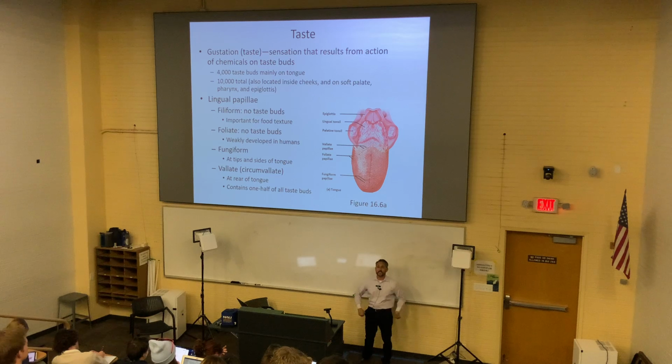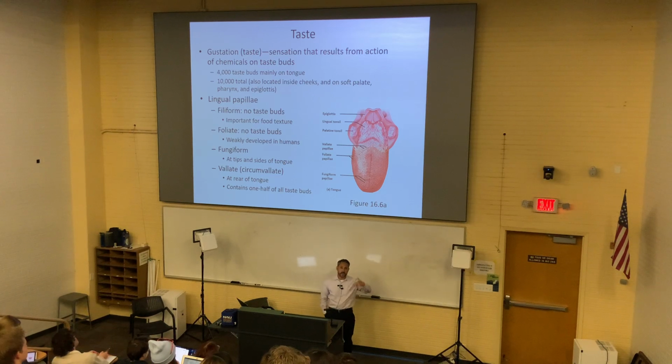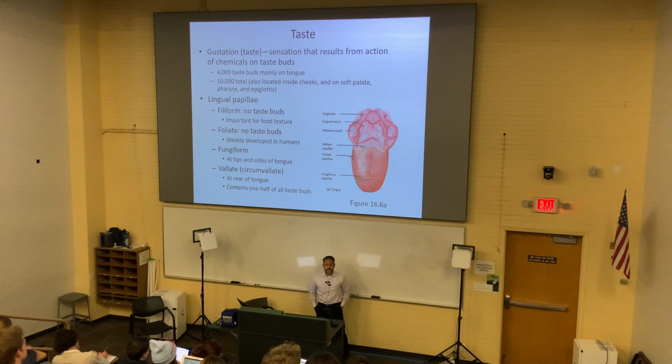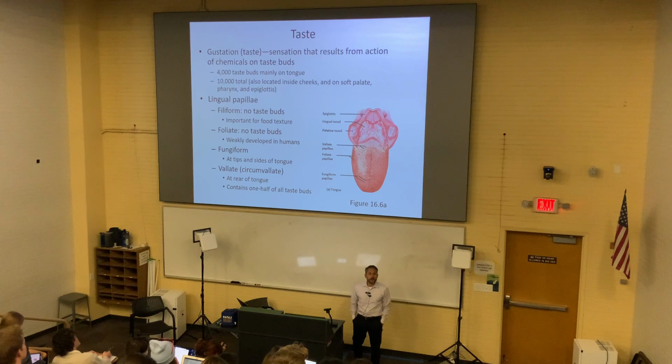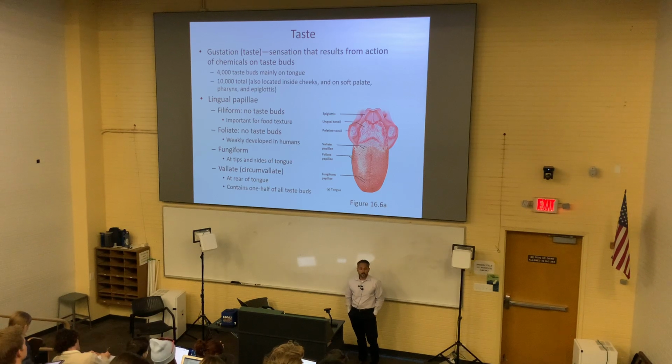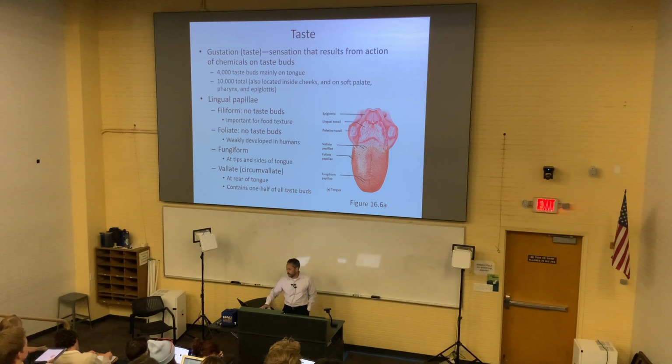Both of these are chemoreceptors, like we talked about in the online lecture. And the sense of taste, known as gustation, is a result of action from chemicals that bind to the taste buds. Now, these taste buds are located all around in the mouth, in the buccal cavity.